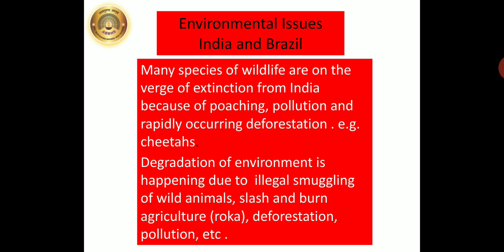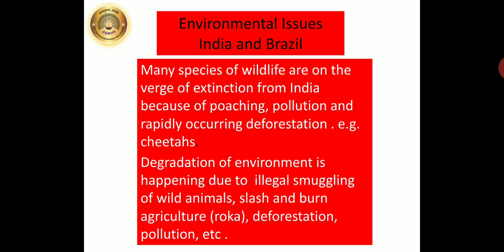Even though Brazil and India are prosperous in terms of vegetation and wildlife, still there are some environmental issues. These environmental issues for Brazil and India are almost common. Many species of wildlife are on the verge of extinction from India because of poaching, pollution, and rapidly occurring deforestation.